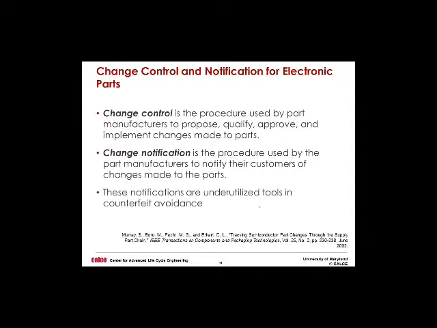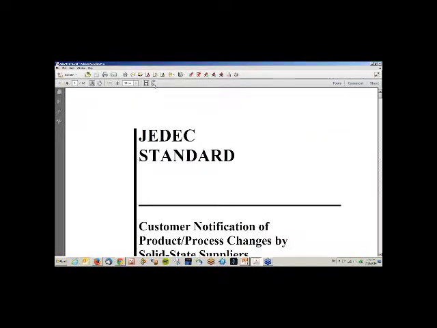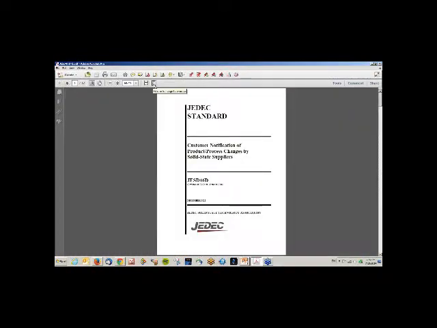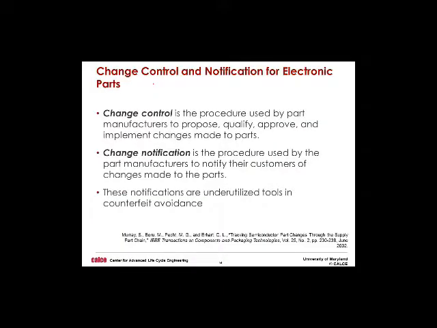So the next few pages, I'm not going to read through, but maybe I should just show you this JEDEC standard. Just a cover page to show this process change notification by, here they call solid state suppliers, pretty much all OCMs. That's one of the least used tools for counterfeit avoidance.